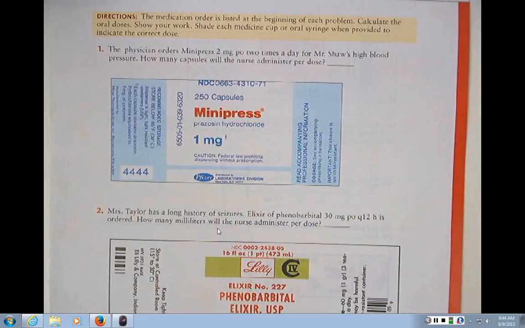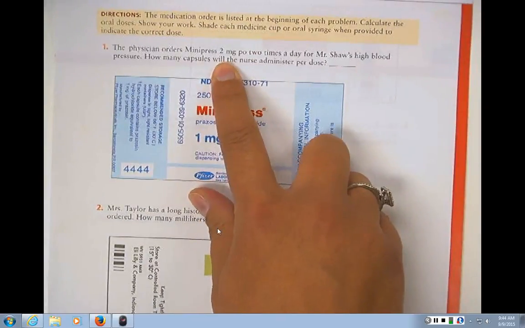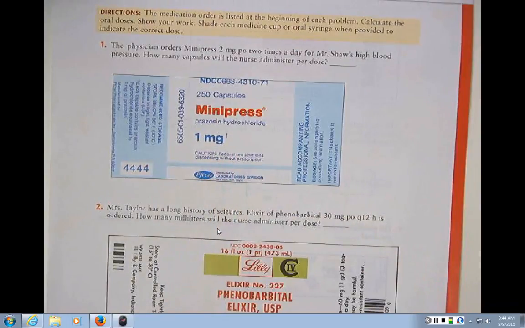Now, you can hopefully figure this out in your head without doing any math whatsoever. If my doctor wants me to give 2 milligrams of a medication and my dose on hand is 1 milligram per capsule, then obviously I'm just going to give 2 capsules, and that will equal the 2 milligrams that my physician ordered.